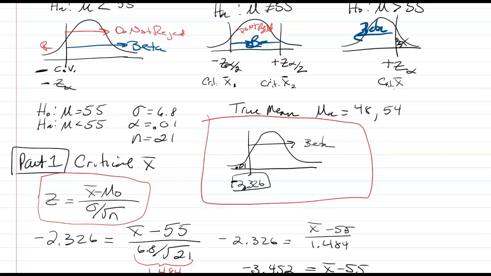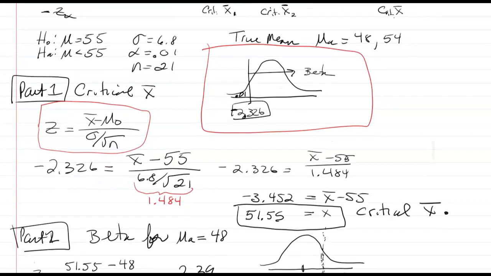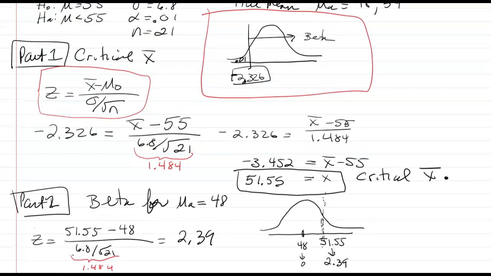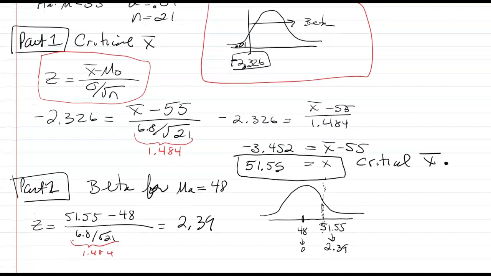Which direction is the do not reject region in a left-tailed test? Okay, it's to the right. So when you come down here, notice this looks much different because this now looks like a right-tailed test, but it's not. It's still a left-tailed test. So our beta is in the same direction. Beta is going to be this area right here.